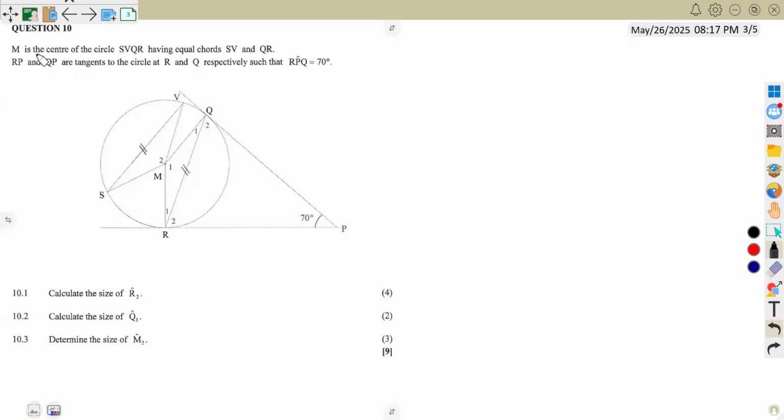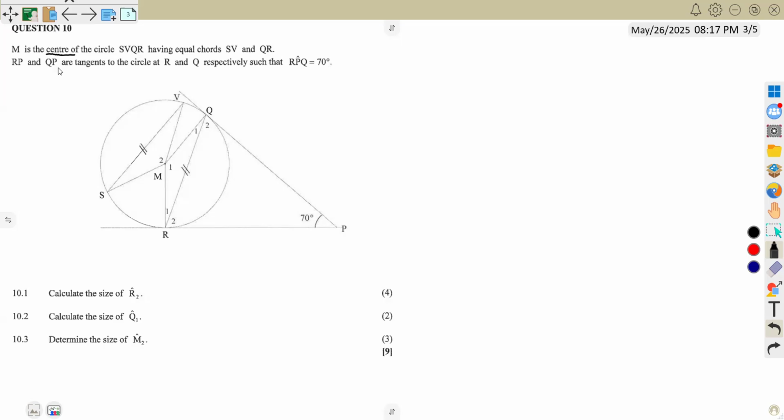We are now on question 10, where we are given M is the center of the circle, having equal chords SV and QR.